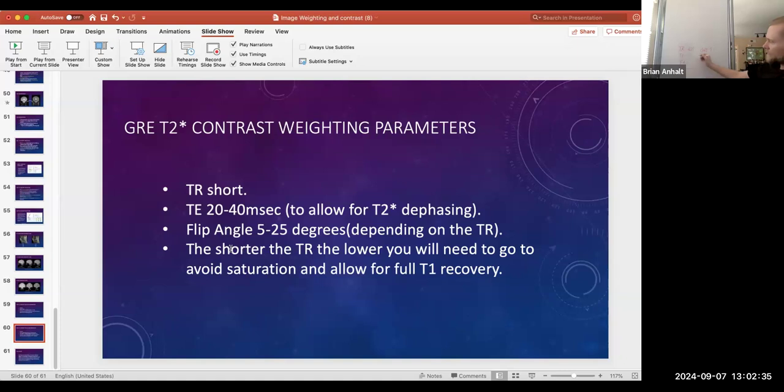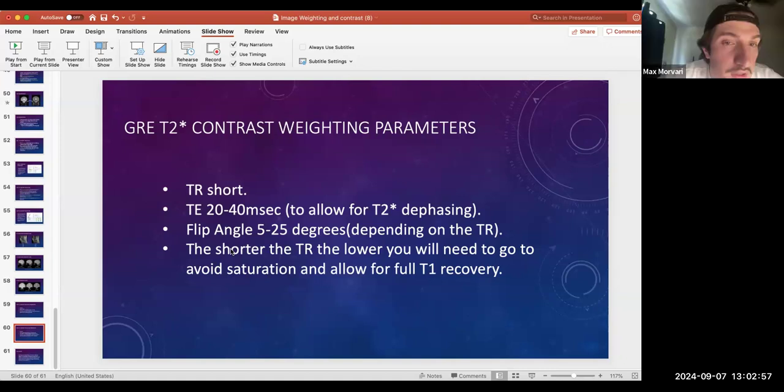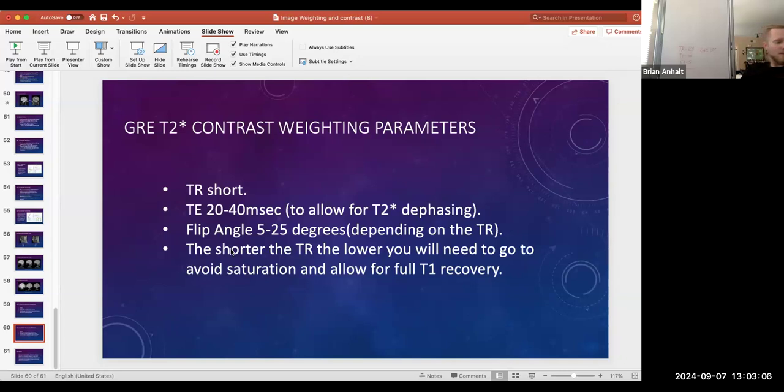Give me a number. 30. What about flip angle? 5. Is it T2? Nope, T2 star. Gradient echoes can't get T2 weighting. So it's T2 star.